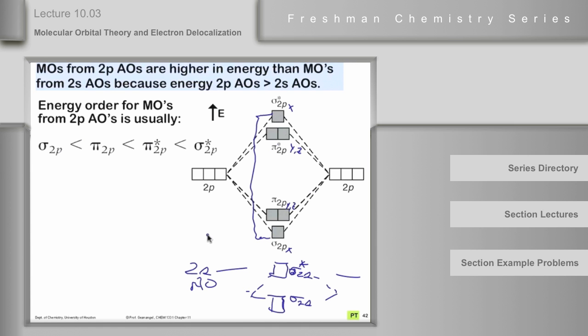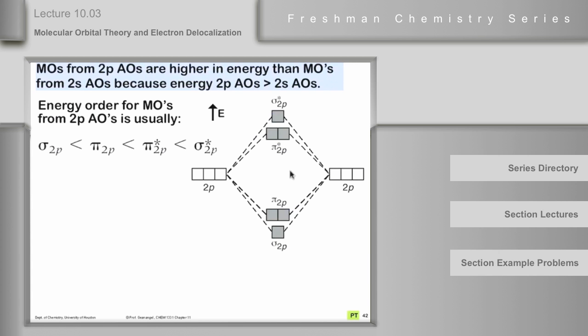And head-on overlap is usually more effective than side-to-side overlap. Does that make sense? Okay, so we have a diagram that looks like this, and here are atomic orbital 2p's here and here, and so then we would have sigma 2p below pi 2p most of the time.